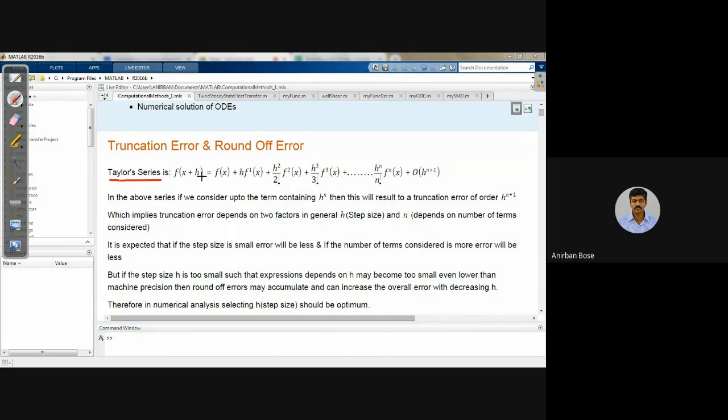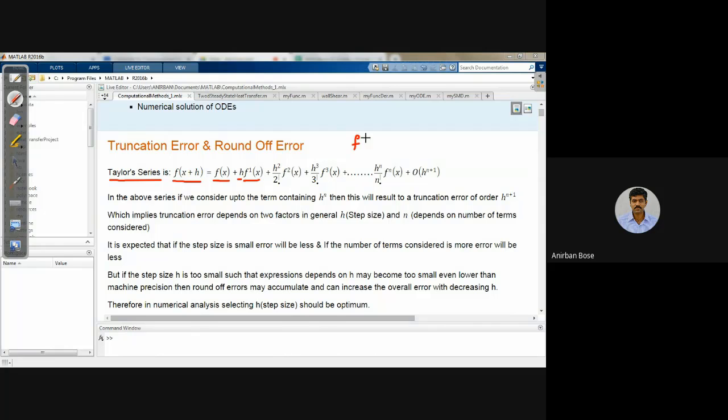From the Taylor series, we know that the function at a point x plus h will be equal to the functional value at point x plus h into f1x plus h square by 2 factorial into second order derivative.